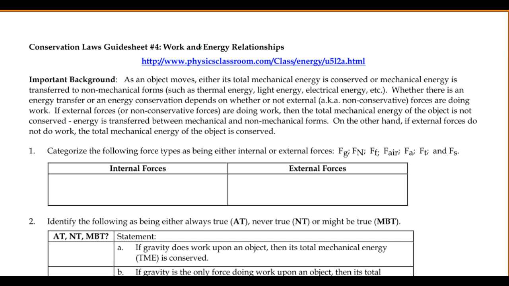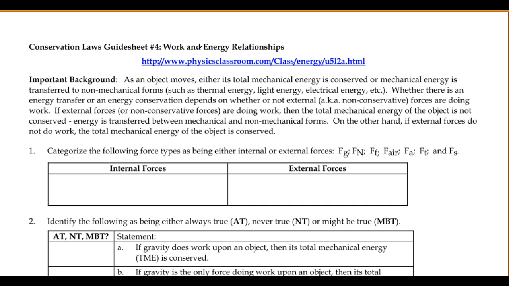So typically we're going to transfer some energy into something else. If you rub your hands together, that mechanical energy is going to turn into heat, your hands are going to get hot, or at least warmer than they were before. That's an increase in thermal energy. That thermal energy has to come from somewhere. It comes from a loss of mechanical energy.